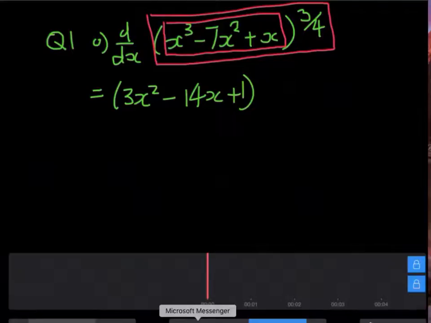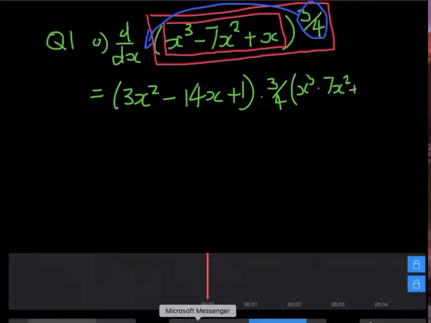And now we bring down the power to the front, so we'll end up having times 3/4, and then we multiply the original function, which is x cubed minus 7x squared plus x, and we subtract 1 off the power of 3/4, which gives us minus 1/4.